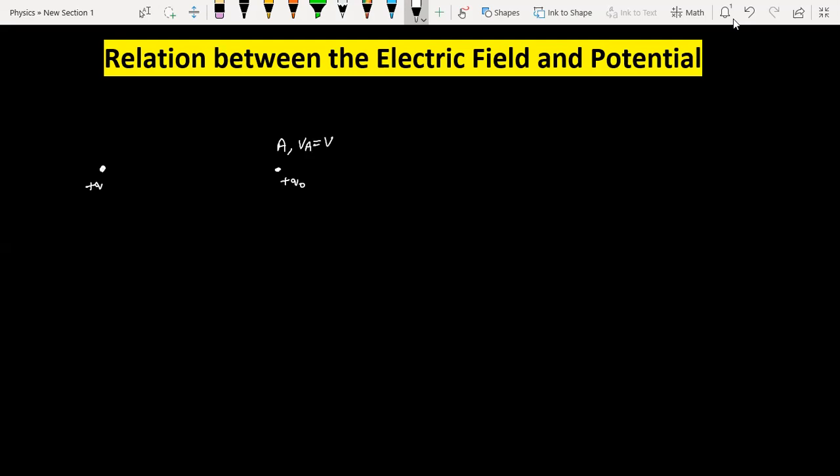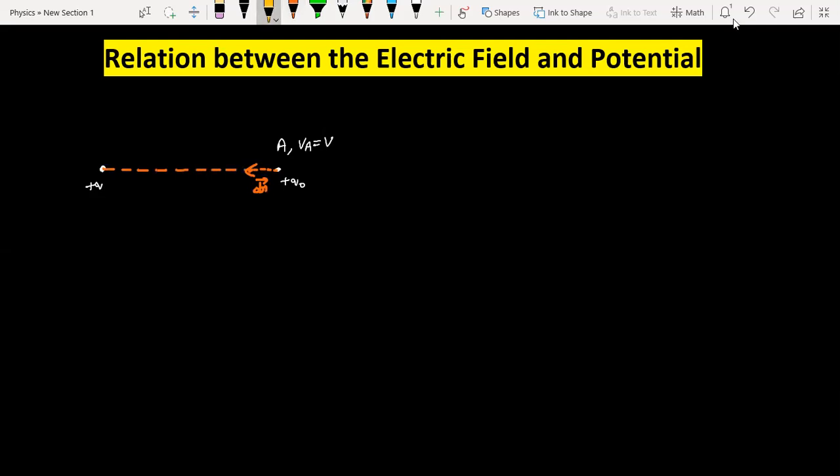Now we move this plus Q naught charge from point A a very small, infinitesimally small distance, vector dr, in this direction, on this line from the source charge to the test charge Q naught.